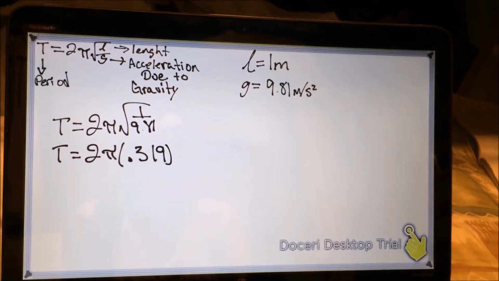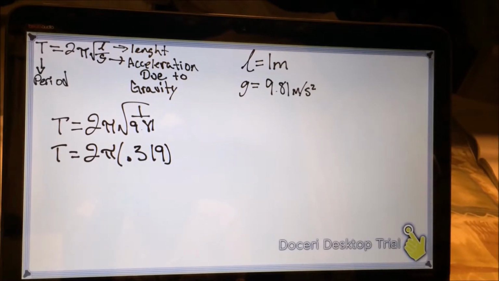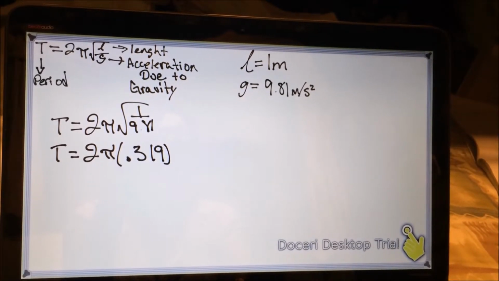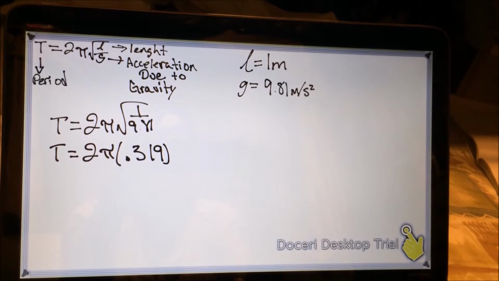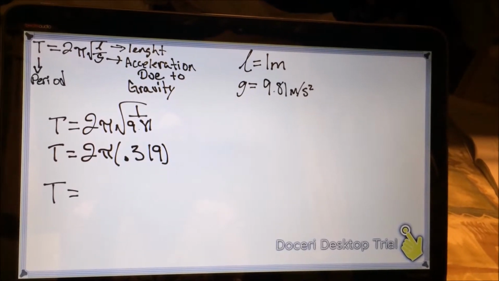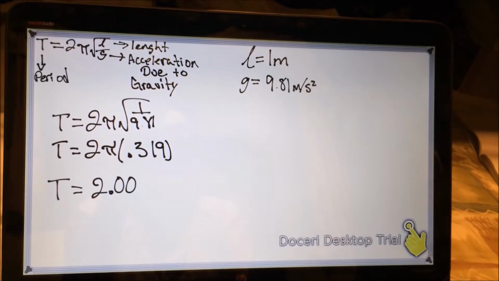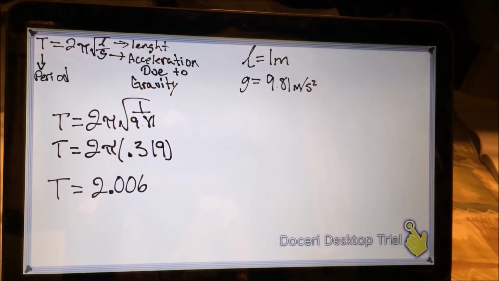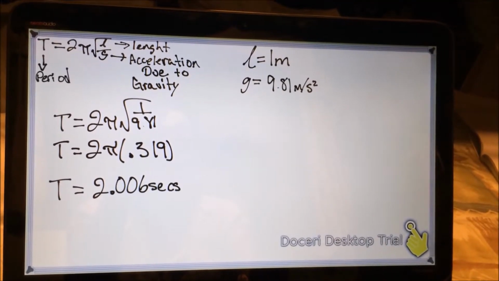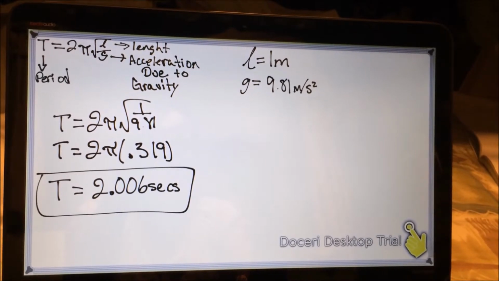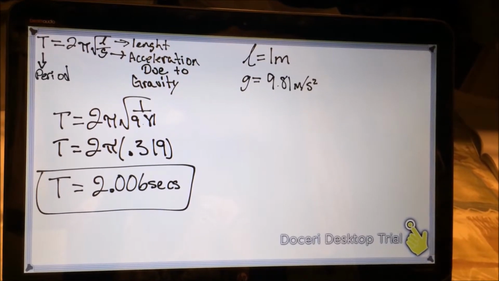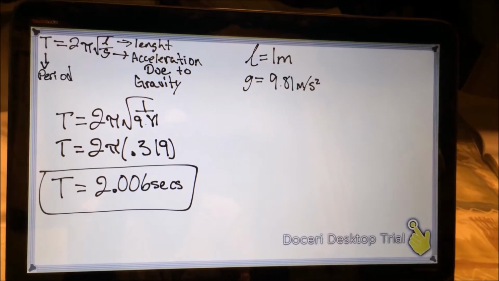Then all we need to do to solve the problem is multiply that times 2 pi, and we get the period, which is going to equal 2.006 seconds. And that is how to solve for the period of a pendulum.